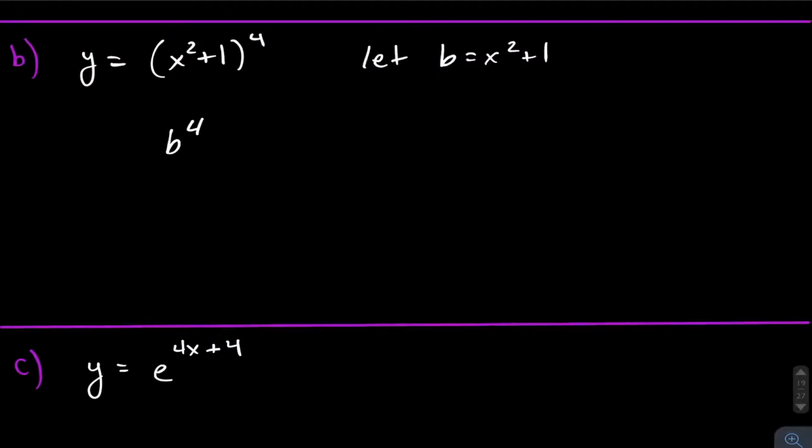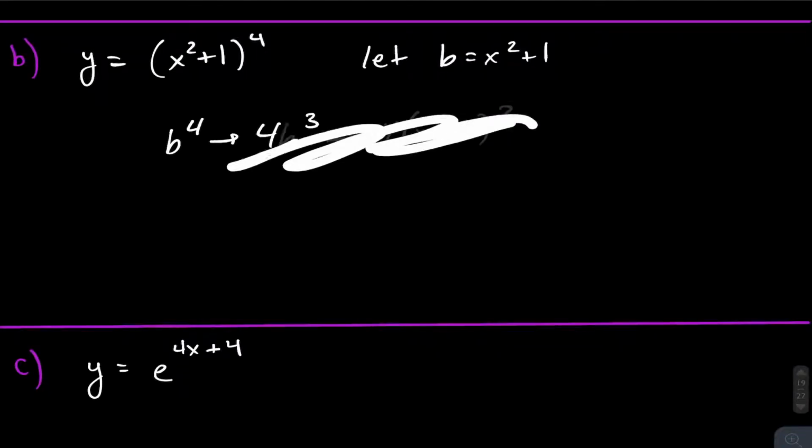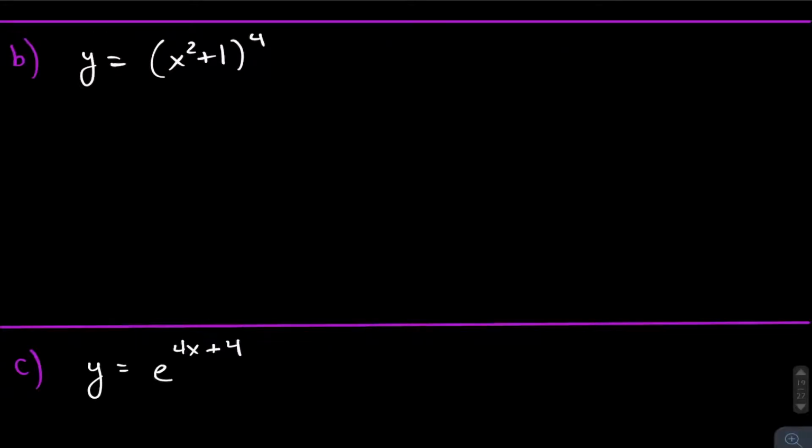If you take a derivative of b to the 4th, it's just going to be 4b to the 3rd power, right? So you just do power rule. And if you plug back in the x squared plus 1, it's 4 times x squared plus 1 to the 3rd power. Of course you have to multiply by the derivative of the inside, but that's what I mean by just taking the derivative of the outside function. So if that didn't make sense to you, just forget it, but I just wanted to try to communicate that a little bit better.